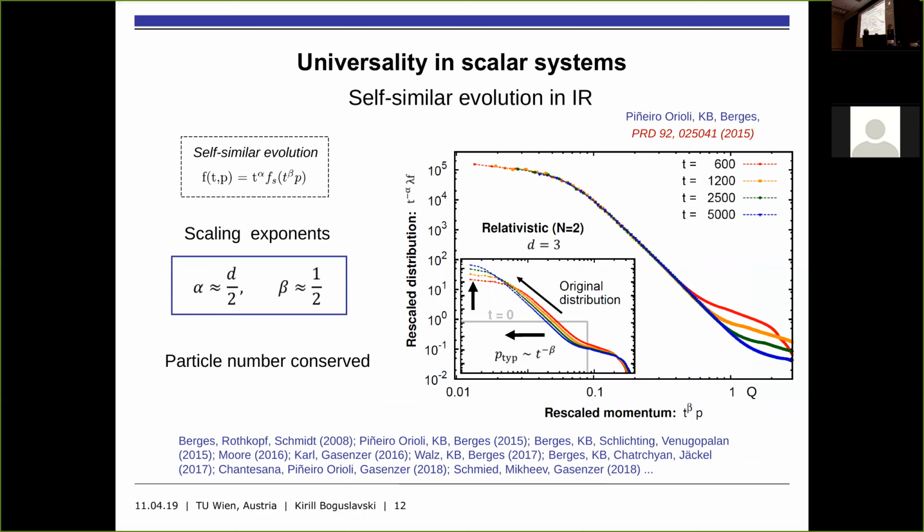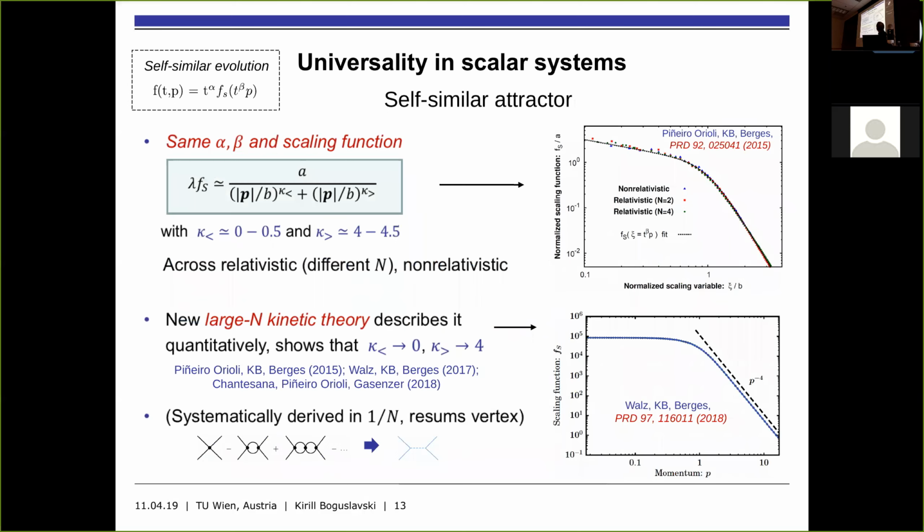And what you find is that those dynamics have these kinds of scaling exponents for different dimensions, different initial conditions, and also different theories. But it doesn't conserve energy. This doesn't conserve energy; this conserves particle number. Yes, sorry. So that's why it's alpha equals d beta. Exactly, particle number conserving. And the question is how to understand all of that.